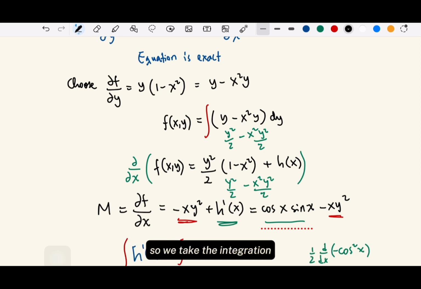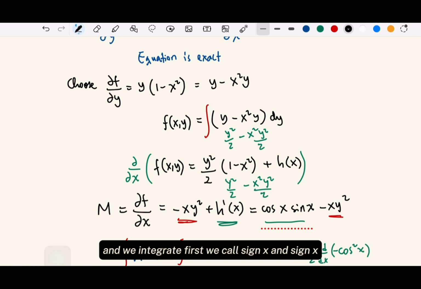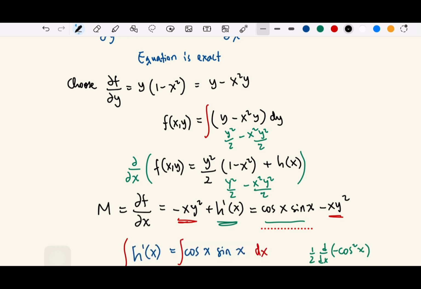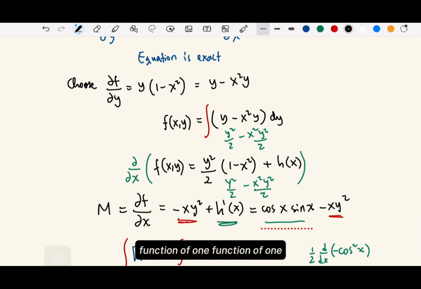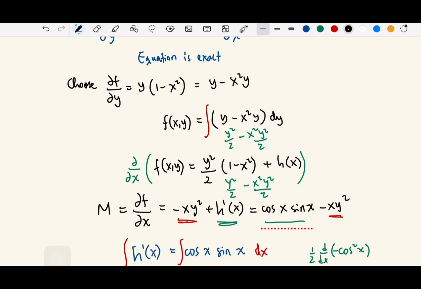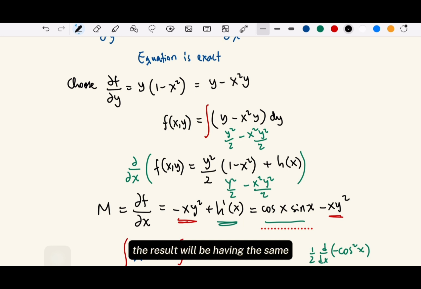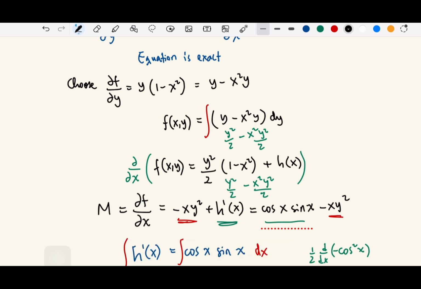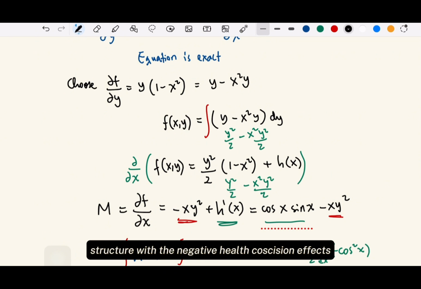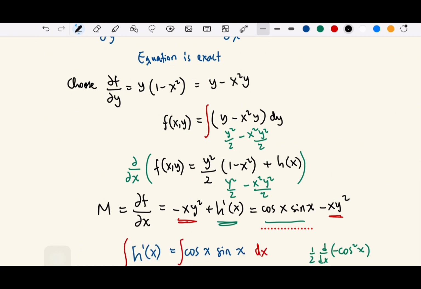So we take the integration, and we integrate first the cosine x and sine x with respect to dx. And at this part here, we have a function of y. So I believe at the end, the result will have the same structure with the negative half cosine squared of x.